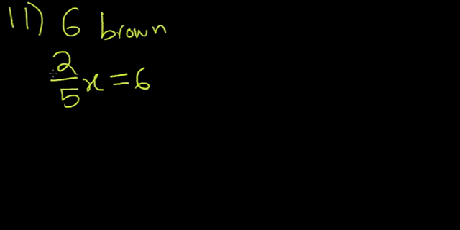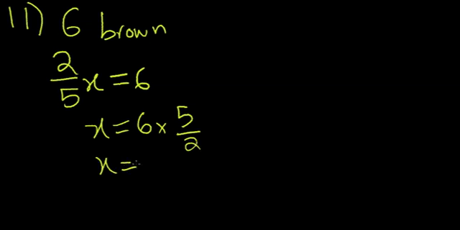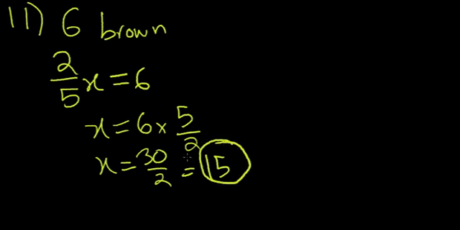Now, we divide both sides by 2/5, or multiply by 5/2, which is the same thing. X equals 6 times 5/2. So x equals 30 divided by 2, which equals 15. So there are a total of 15 towels, and that's our answer.